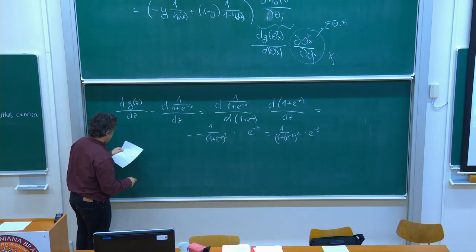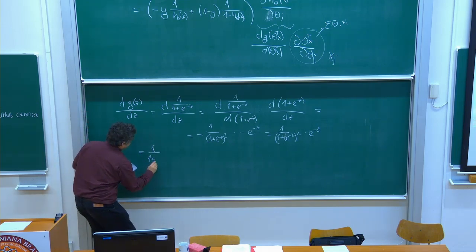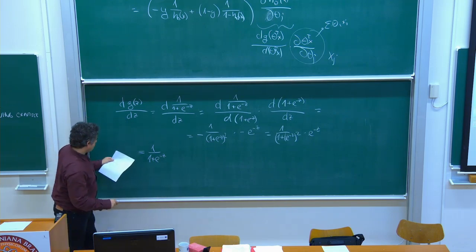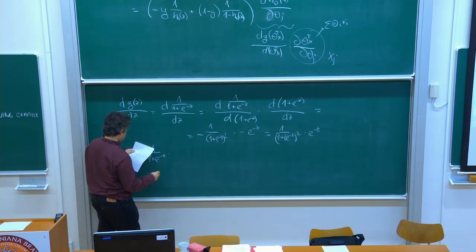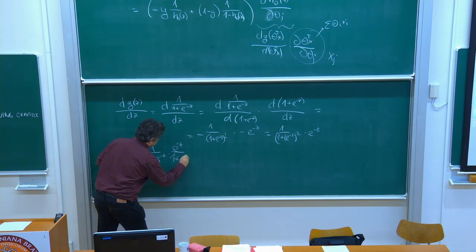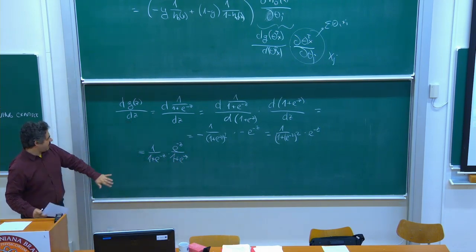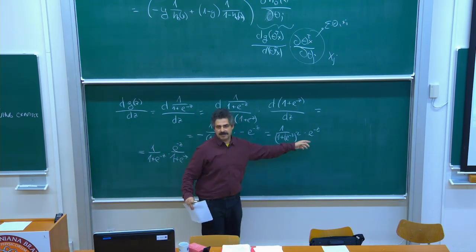And now we will do a little bit of tricks to rewrite this. I will rewrite this as 1 over (1 plus e to the minus z) times e to the minus z over (1 plus e to the minus z). So what I have done is redistributed this square into the two terms, okay?